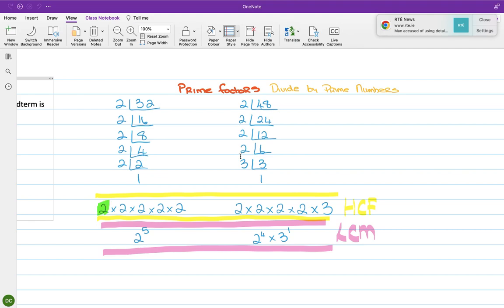Yes. So what do I put into my answer? 1 single 2. Is that okay? Then I have this 2, which I match, and then there's another 2 going into my answer.